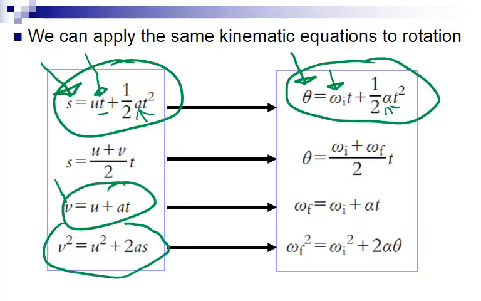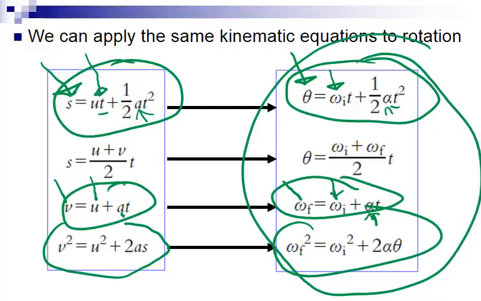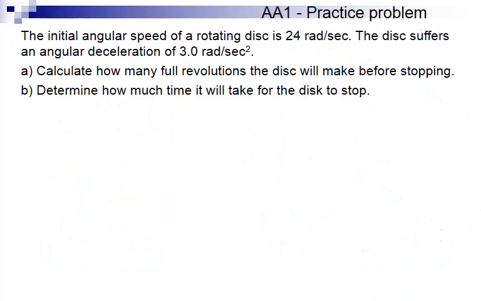Here, final speed is final angular speed, initial velocity is initial angular velocity. So we have the corresponding equations. Now, they do give you this one and this one on your equation sheet, which is helpful. And so you can use that for any situation where you're accelerating.